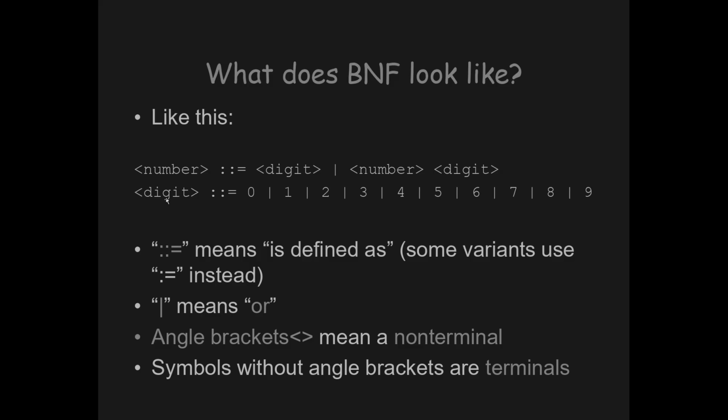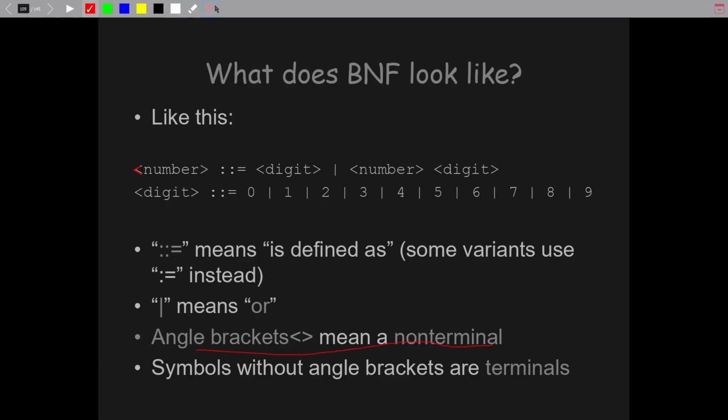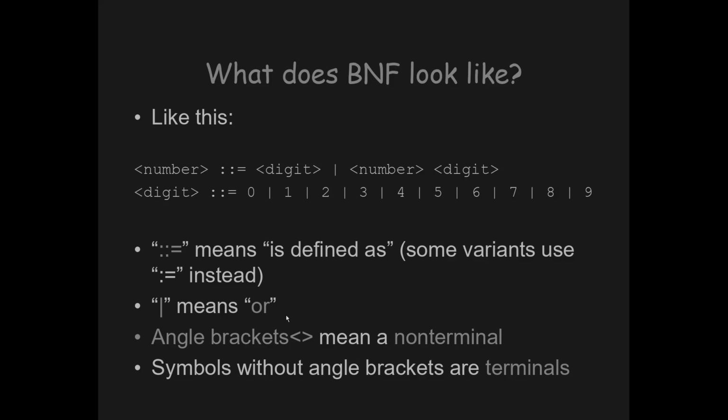Okay. So, the angled brackets mean a non-terminal, as stated here, and that's a variable, okay? Non-terminal, variable, same thing. The colon equals is the same thing as the right arrow in the context-free grammar. This is another variable. This is the same pipe symbol, that means or.